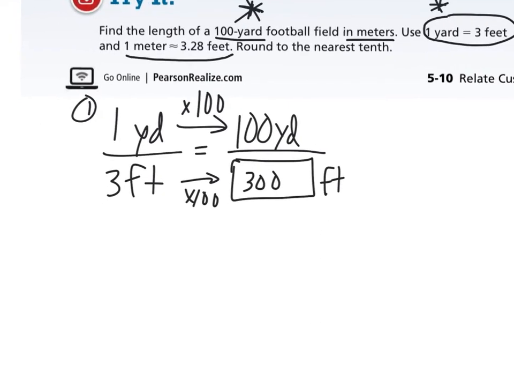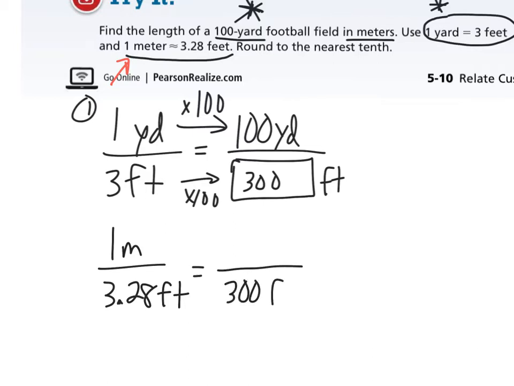We're trying to get it to meters, so now we need to use the other conversion. So 1 meter is about 3.28 feet. So we have 300 feet, and we're trying to figure out how many meters that is.